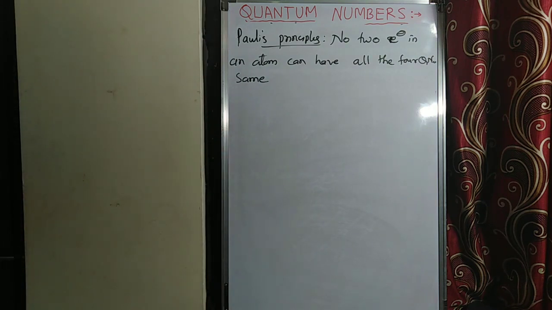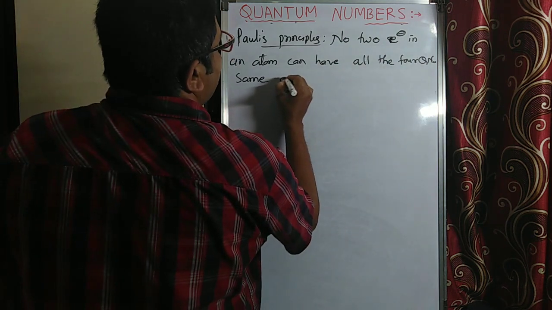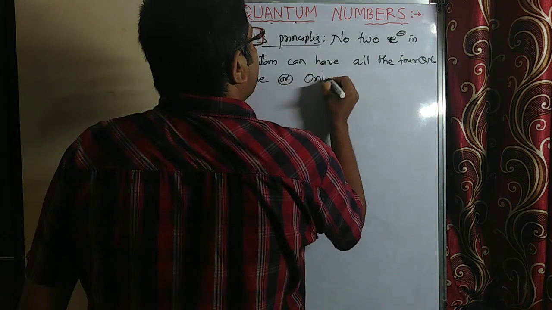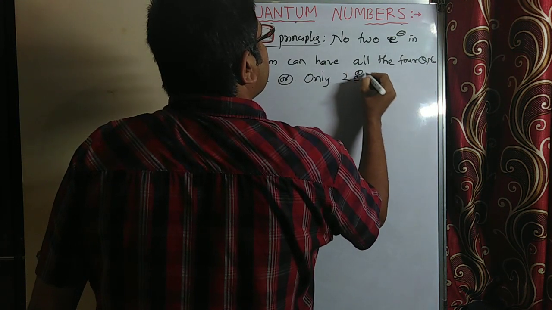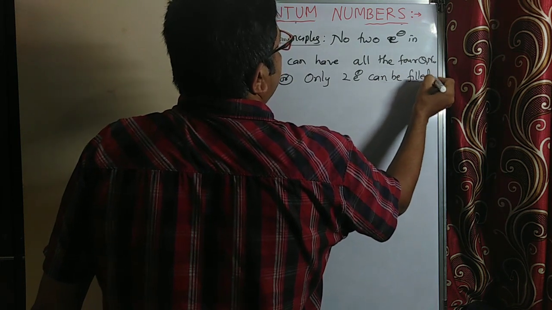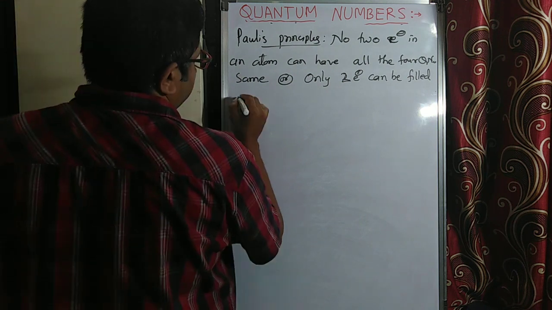So hence it is also written that only two electrons can be filled in an orbital. Remember, only two electrons can be filled.